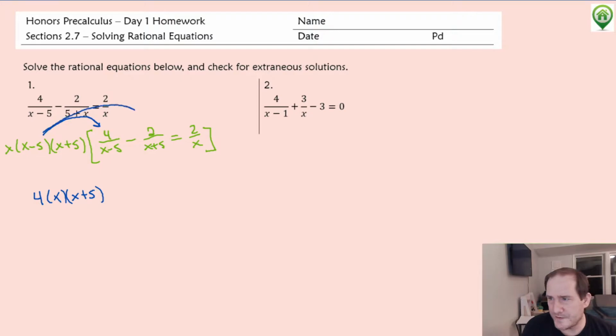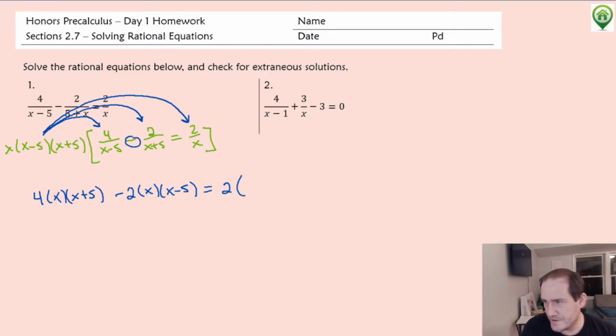When we multiply into the second, and be careful with the minus sign, remember the minus will have to distribute onto everything, but we're going to get the negative 2 times the x minus 5. And then this LCD does have to distribute all the way to the other side of the equation, and then you have a 2 times the x minus 5, x plus 5. But so now all of our denominators are gone.